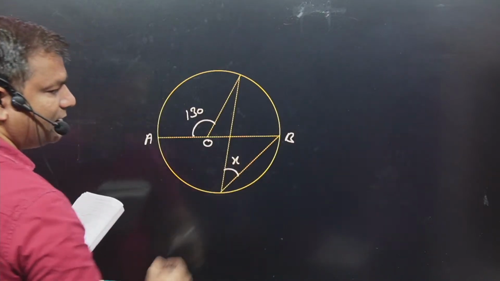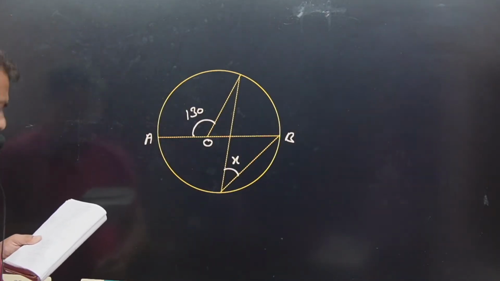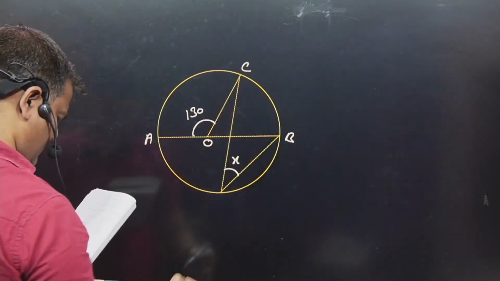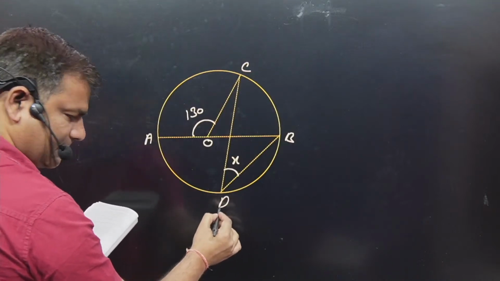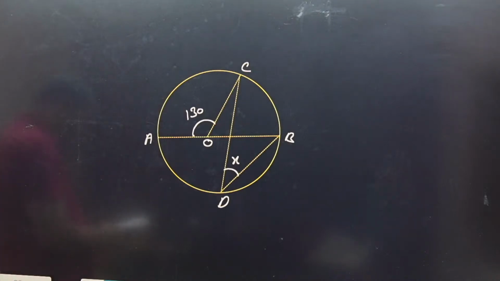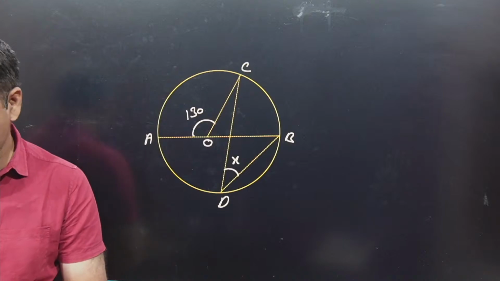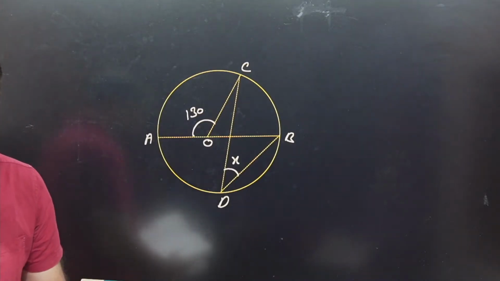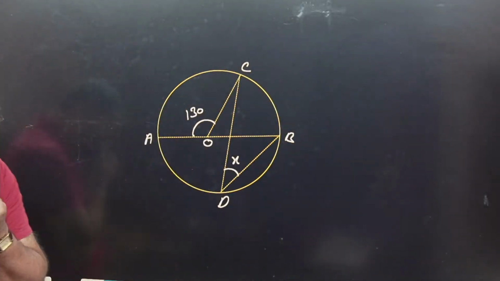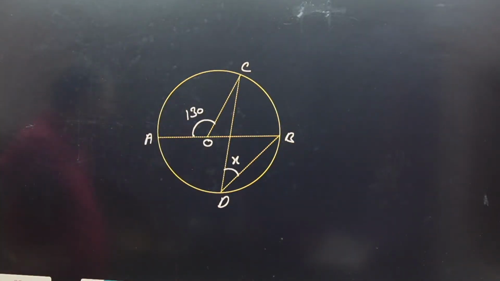Our target, how can we determine angle x? Here C, and here D. Clear? So our target is to determine angle CDB, that is x. You can try. Otherwise, I will do it. First try.